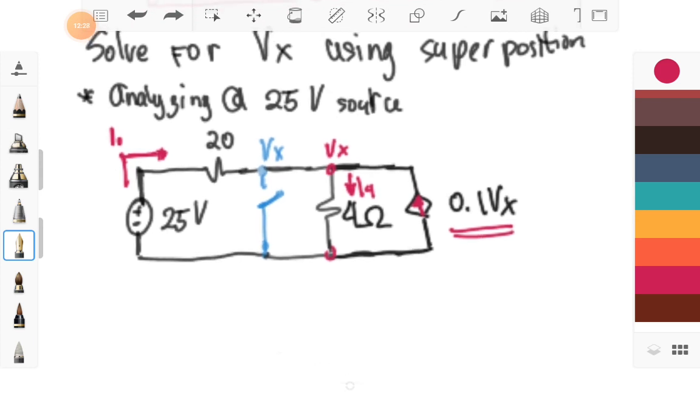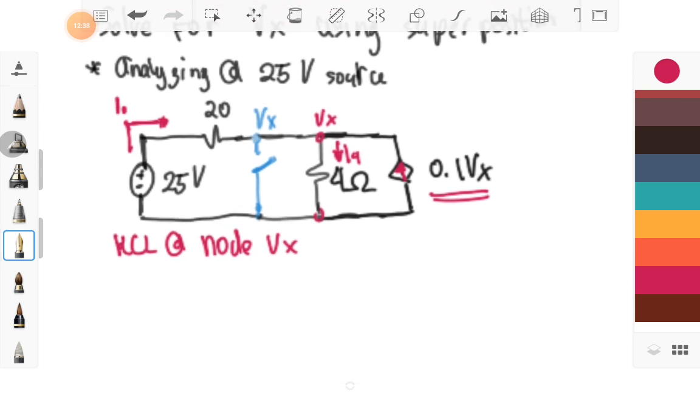Okay, KCL at node Vx. So we'll have a current entering to your node, which is your I1. But sir, hindi mo na isasaling node na yan. Hindi na. Why? Because basically it is already open.